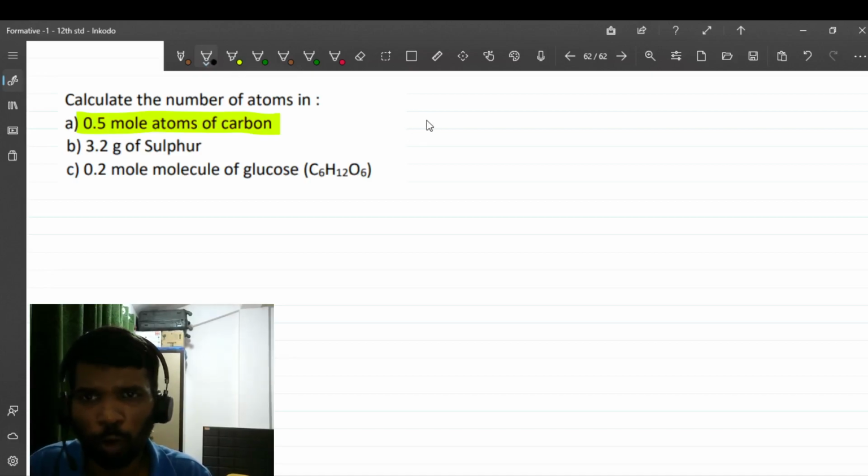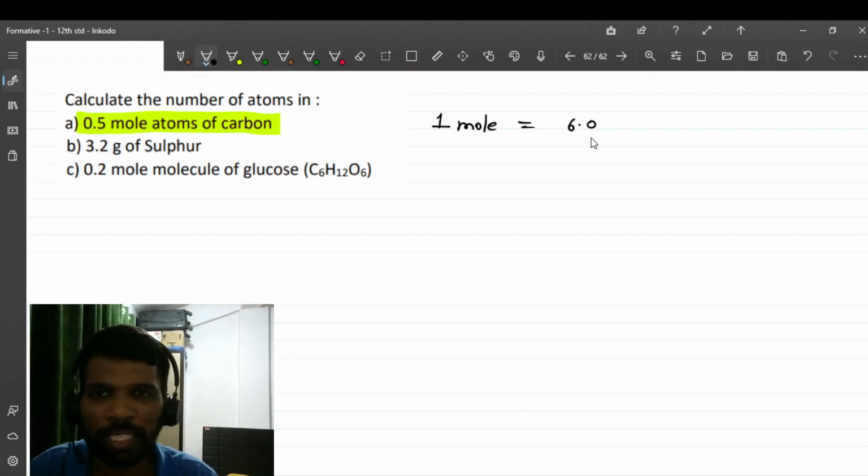So forming a standard relation, what is 1 mole equal to? In 1 mole of any substance, even if you don't know the atomic mass, doesn't matter. If I say 1 mole of carbon atom, then it is 6.022 into 10 to 23.